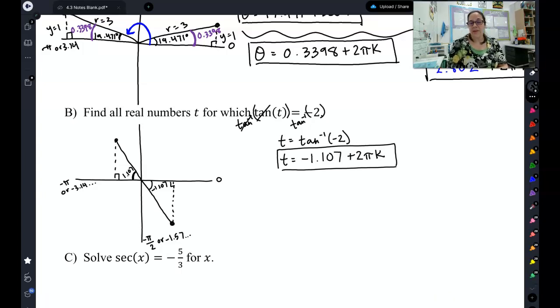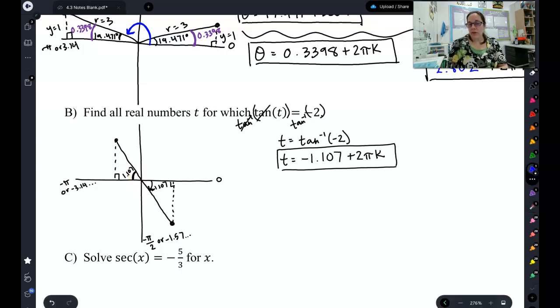Notice I took the negative off because the negative is only there to show direction. The negative shows that I'm going this way, but this angle right here isn't going clockwise or counterclockwise. It's just showing a distance there, so I don't need the negative anymore.